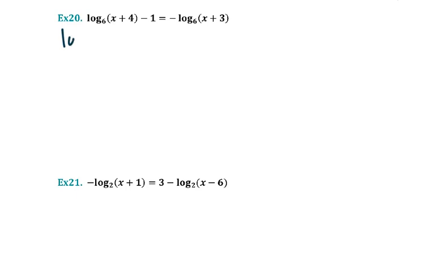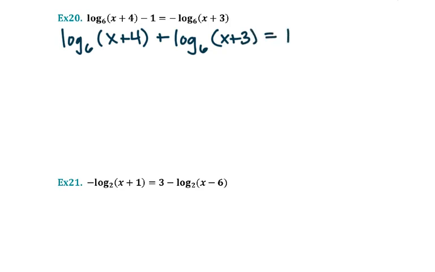So that gives me log base 6 of (x plus 4) plus log base 6 of (x plus 3) equals positive 1. So I have 2 logs on the left equal to a number on the right. And because I have a plus sign between those 2 logs, I'm going to use my product rule. My product rule means I'm going to multiply those 2 arguments.